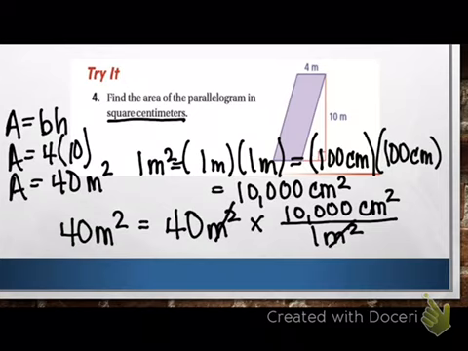I now have 40 times 10,000 centimeters squared, because 10,000 over 1 is equal to 10,000. And when I multiply that together, 40 times 10,000, what am I going to get?